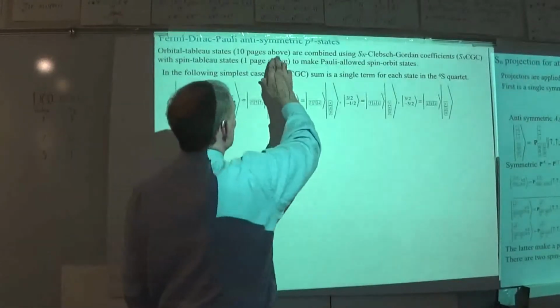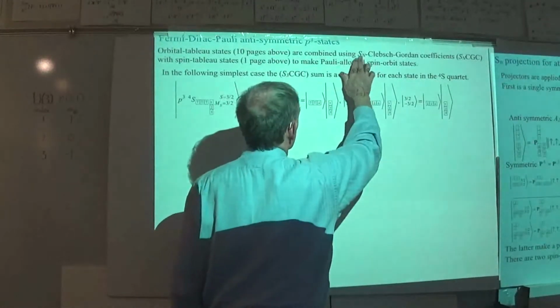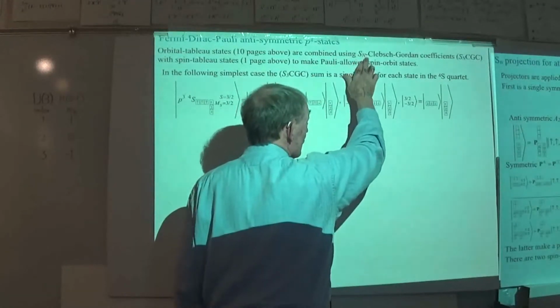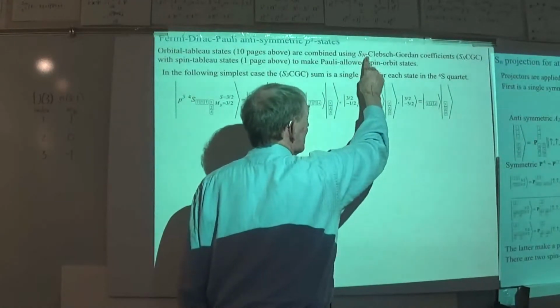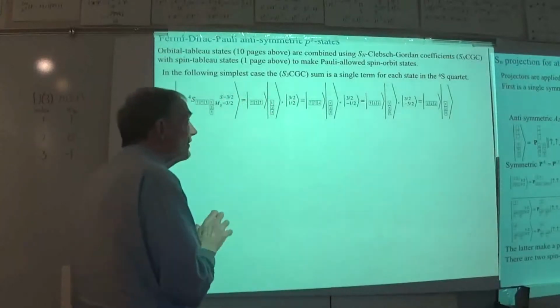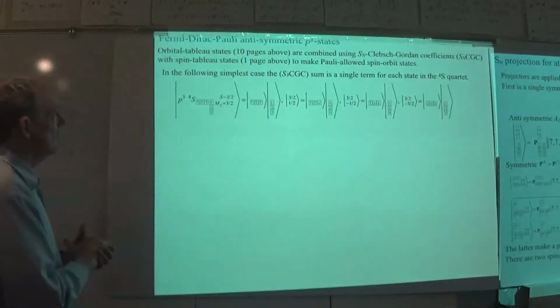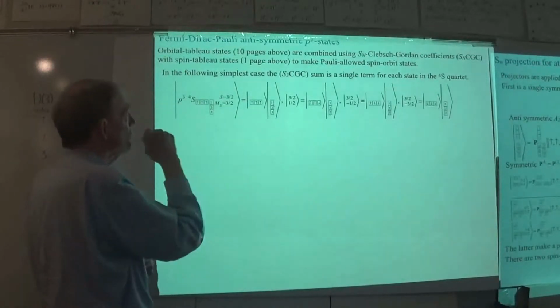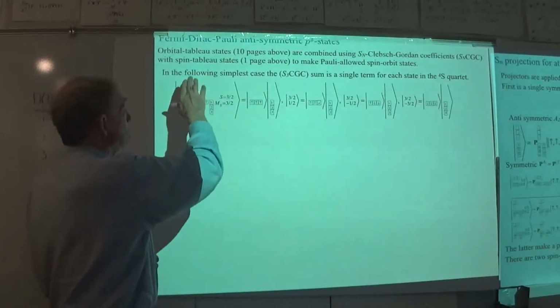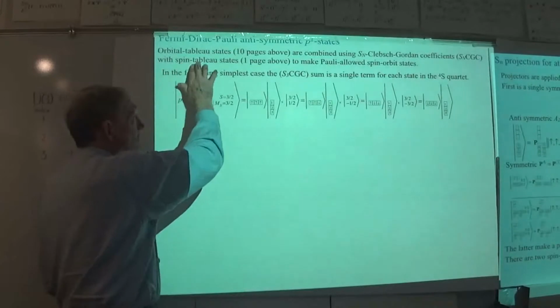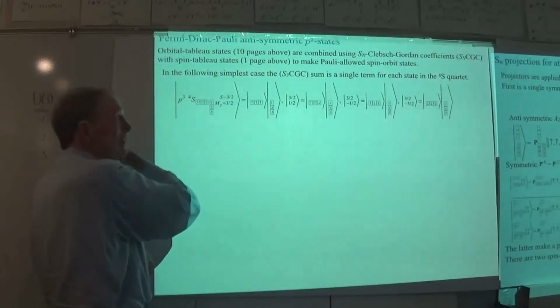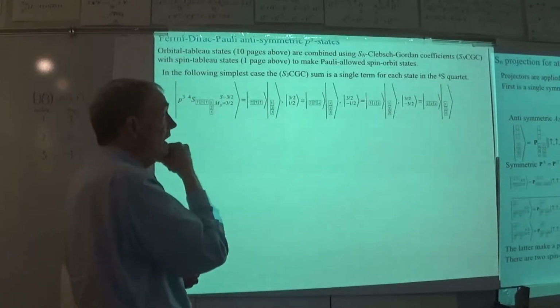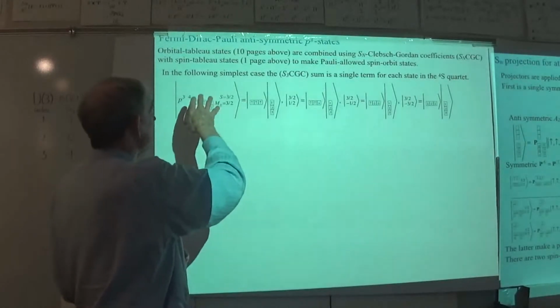Okay, these must be combined using the actual permutation Clebsch-Gordan coefficient. This is something we really have been very much amiss in describing in this class. We're just going to show it very quickly here, but the Clebsch-Gordan coefficients look very much like the angular momentum coefficients for spin 1/2. So it shouldn't be too terrifying.